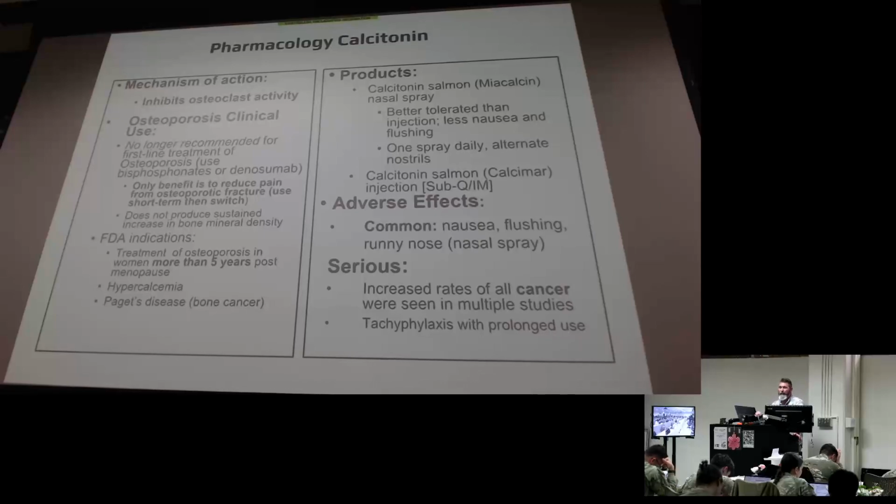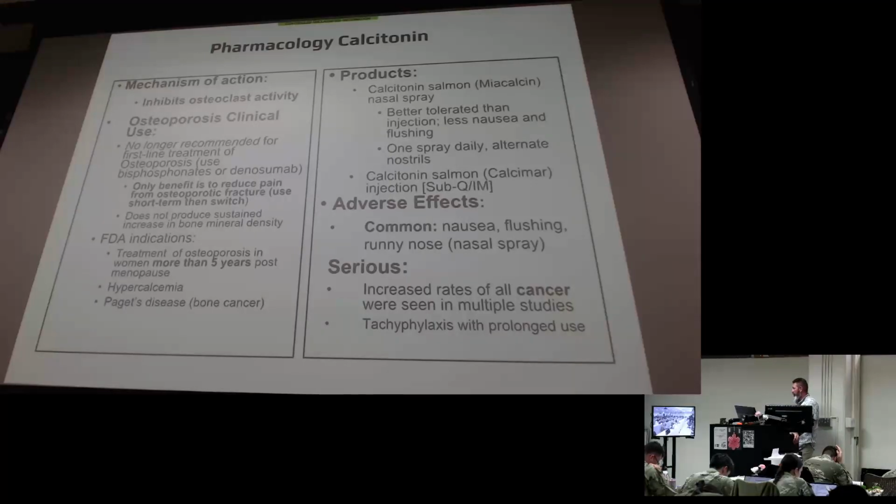Its only real role that you need to know about is short-term treatment of pain from acute vertebral compression fractures. I say again, the only real role you need to know about calcitonin is short-term treatment of pain from acute vertebral compression fractures because of its analgesic property. It's normally going to be a distractor on your exams because of that niche role.